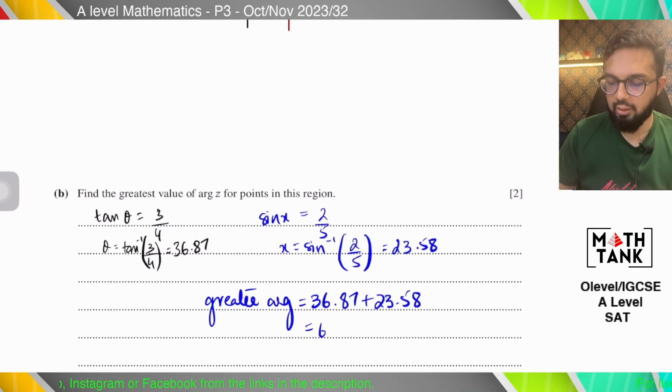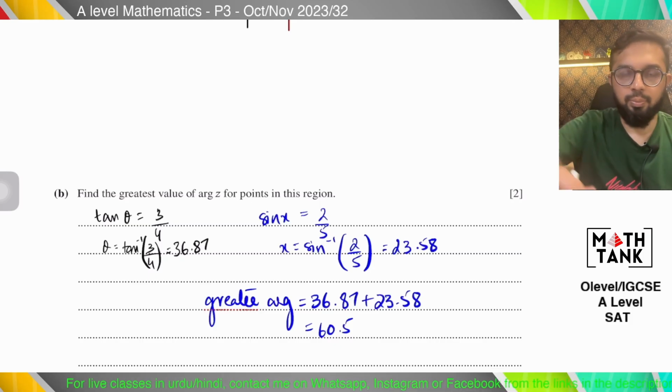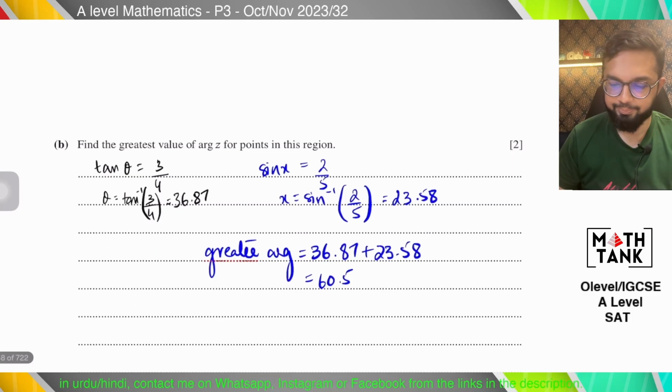That's 60.5. Let's check if that is the correct answer. That's in degrees. You could also have it in radians. Yes, 60.45 or 60.5 degrees or radians, whichever you wish to keep.